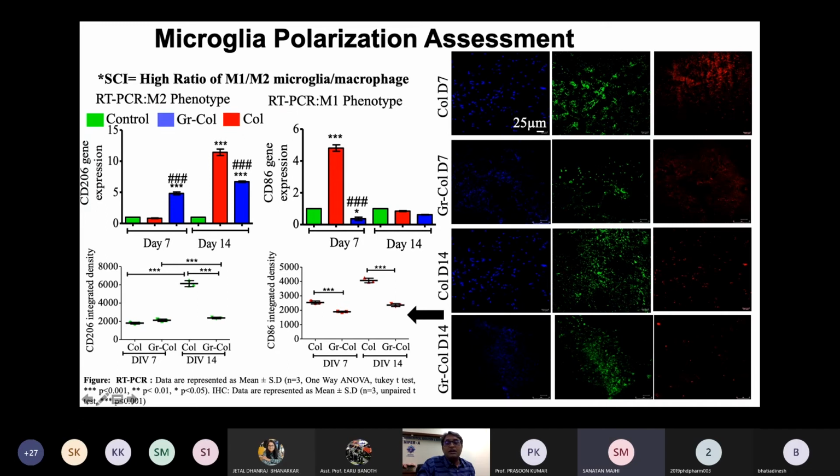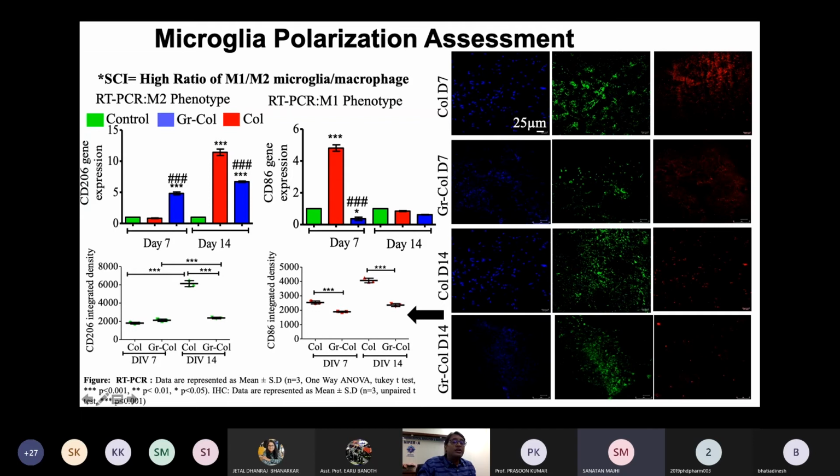You see a very nice control over the expression of CD206 and very low expression of CD86. And here you can see that the blue bar shows that it does increase slight inflammation up to day 14, but then it keeps CD86 under control.